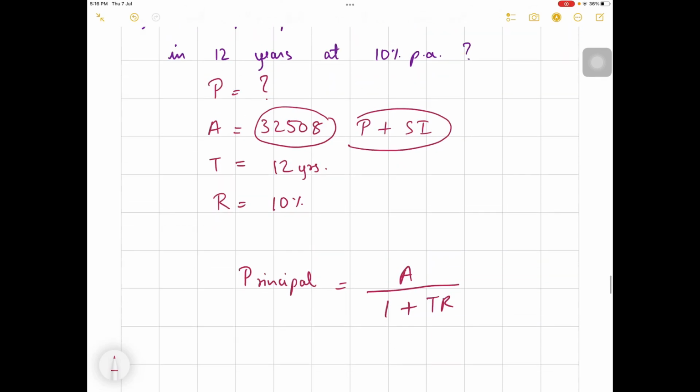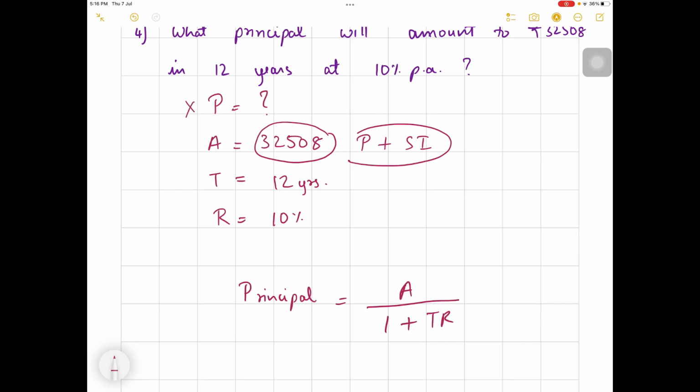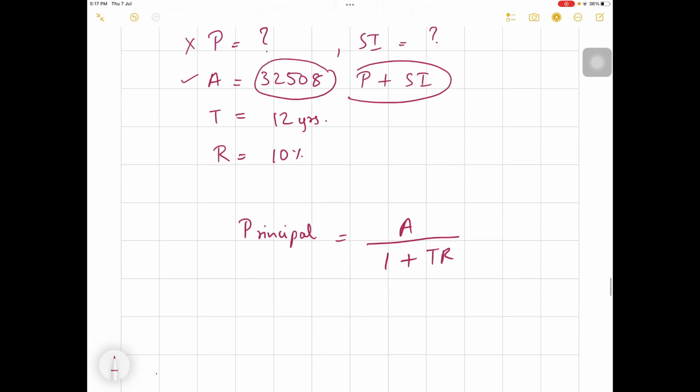Suppose you don't know the principal and you don't know the simple interest also, but you know the amount. Then in this case you have to use this formula. Principal is equal to amount divided by 1 plus TR.